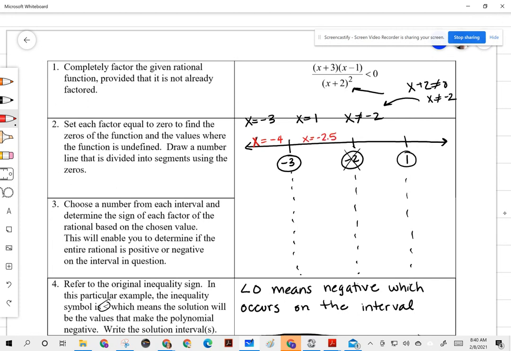Again, we're not finding the actual value in this particular instance. I'm just picking these, any number in between the interval. All right, so now I'm just going to perform my sign analysis. There's 2 factors on top and 2 factors on the bottom because of the squared. So I'm just setting it up to be able to plug in my numbers.